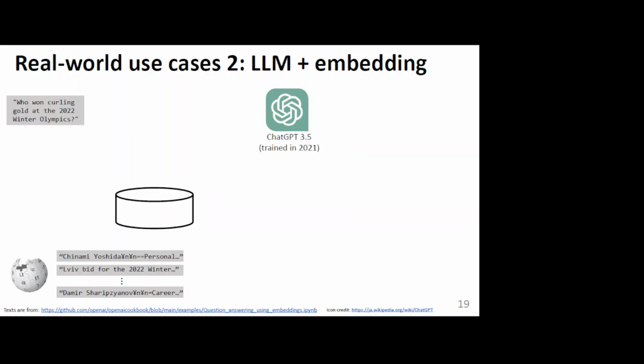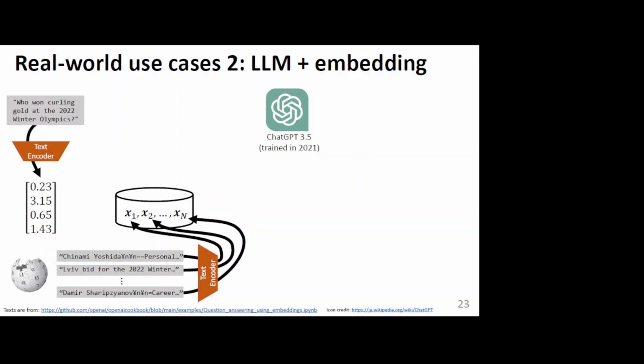In Wikipedia, we can find several documents talking about events that occurred in 2022, including the Winter Olympics events. So we collect all these documents, use a text encoder to transform them into vectors, and store them in our database. So again, we generate the vector database.